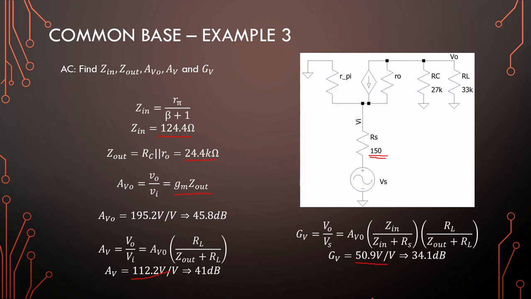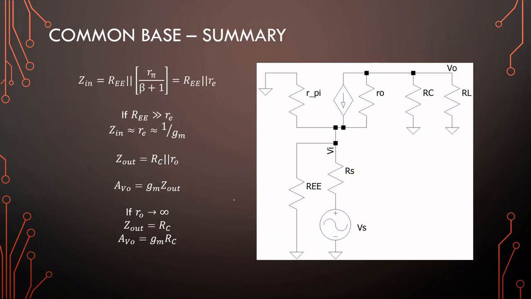And there we have it, and that is the common base example. So this current source only biases and then disappears from this entirely. Okay, so looking at the summary, the input impedance is R_EE.